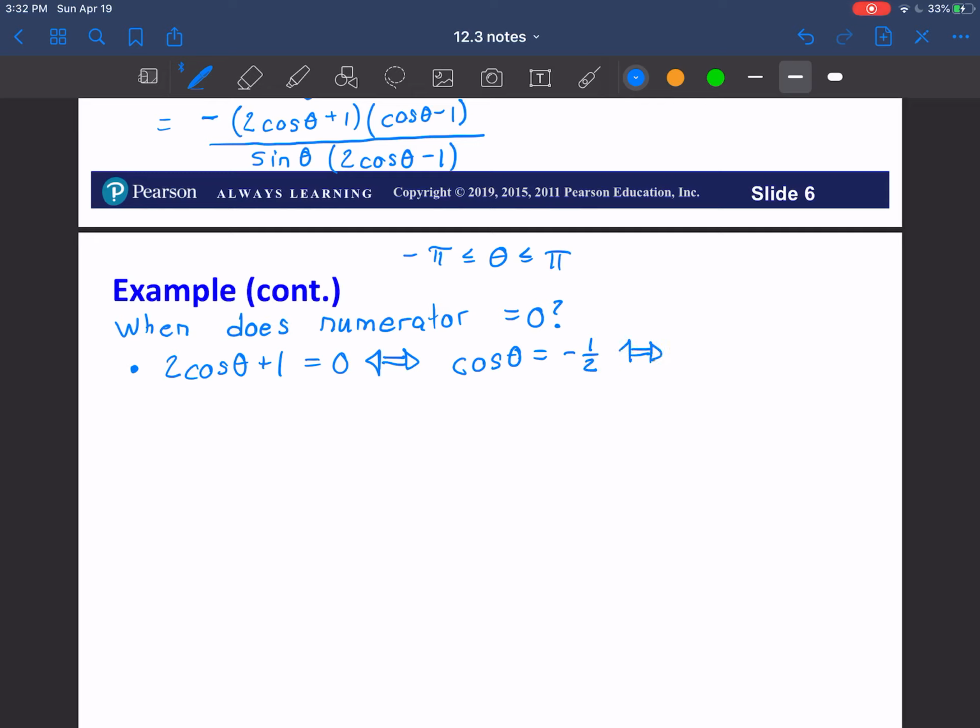So when is cosine of theta equal to negative 1/2? Let me think about this for a second.